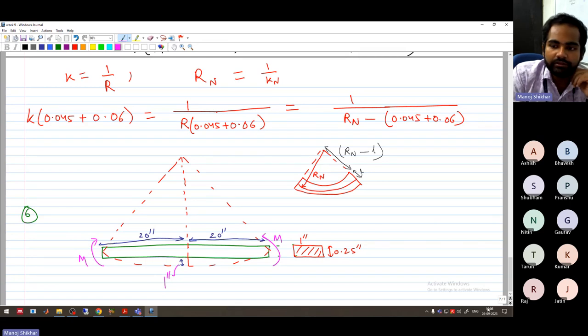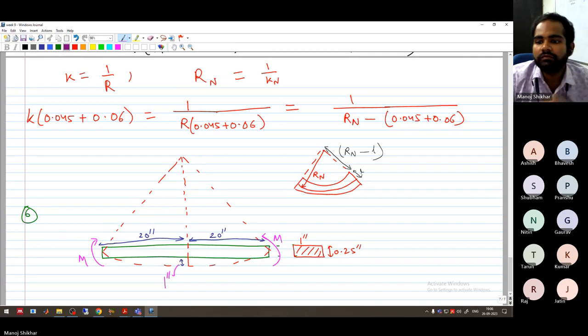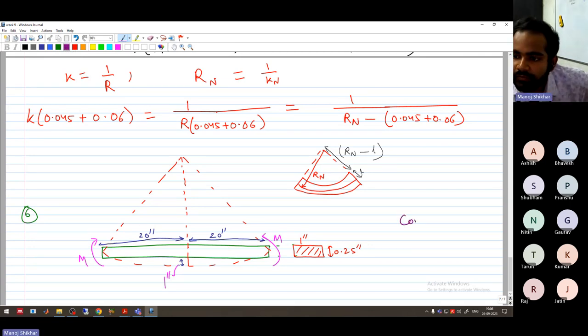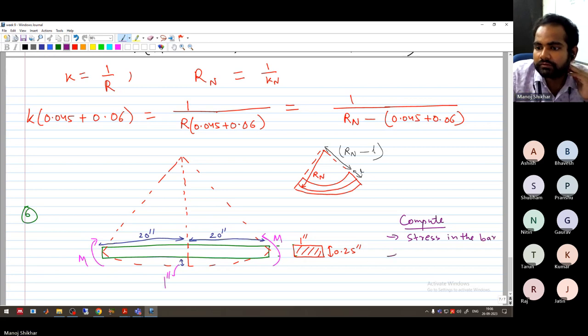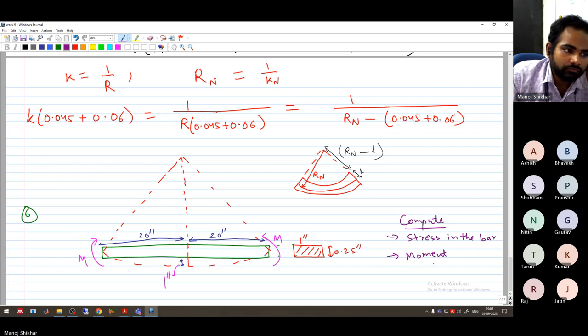We need to compute the stress in the bar and the moment applied, or the magnitude of couple applied.